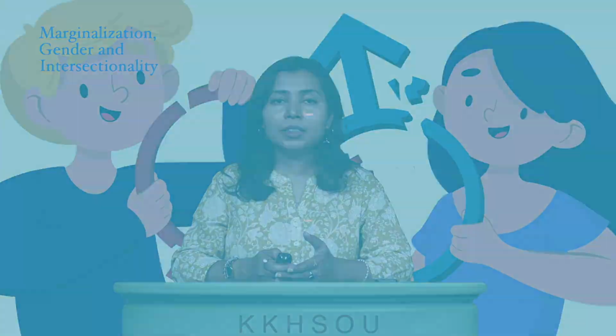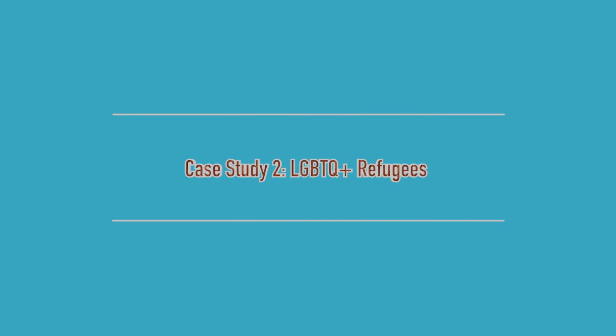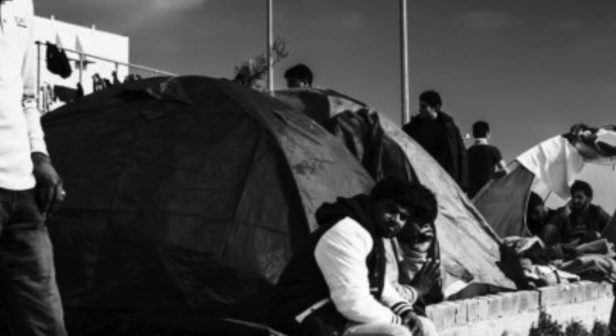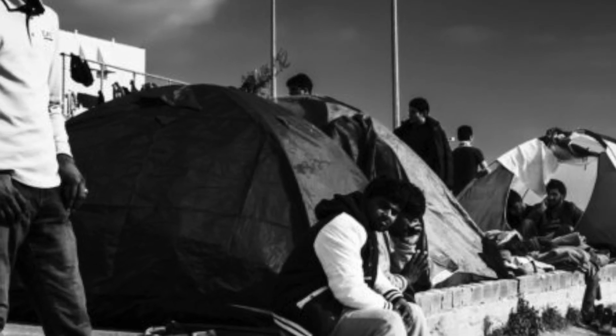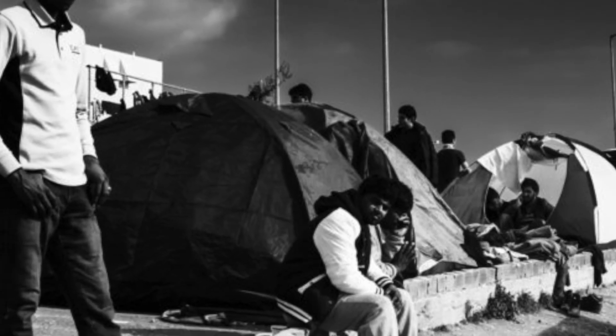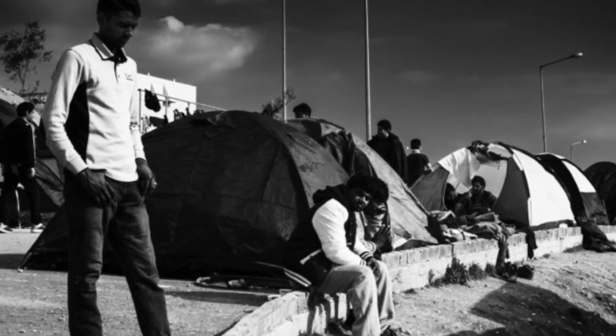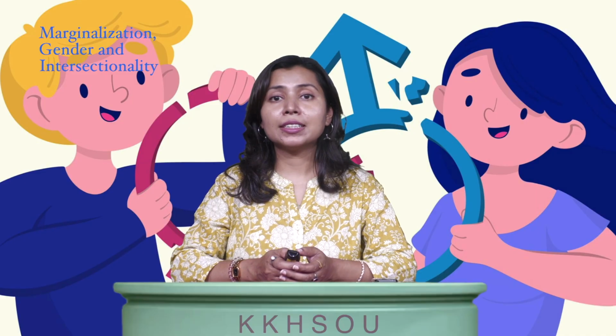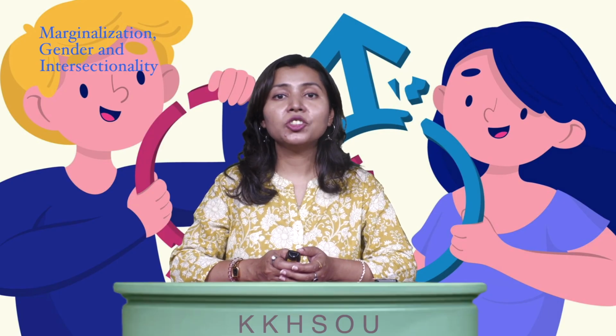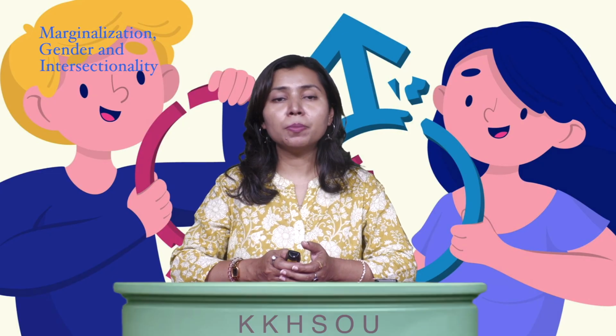If we look at the LGBTQ plus refugees case, LGBTQ plus individuals seeking refugee status face intersecting vulnerabilities based on sexuality or gender identity, migration status, and often race, class, or religion. In countries where homosexuality is criminalized or where gender diverse individuals face persecution, LGBTQ plus people may flee seeking safety.